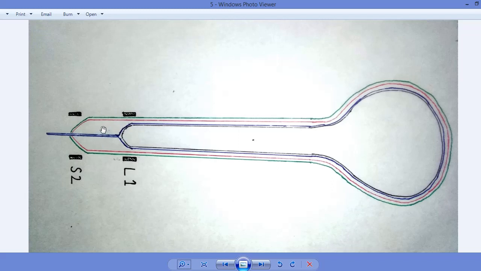This is a very ideal site for injection into the cerebrospinal fluid. The injection can be administered below L1 and above S2.